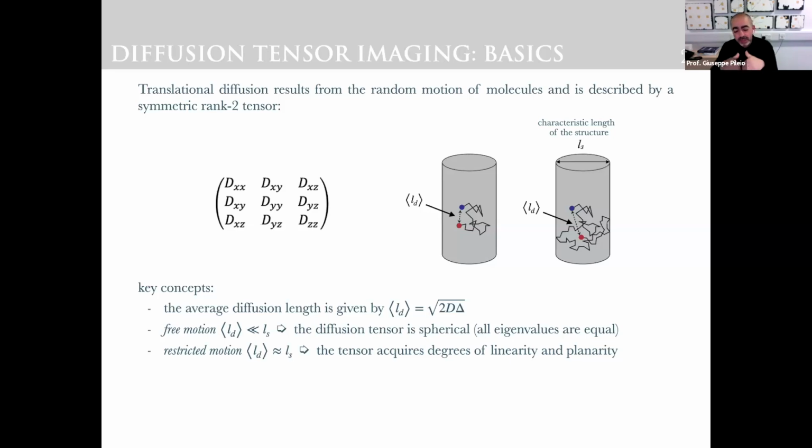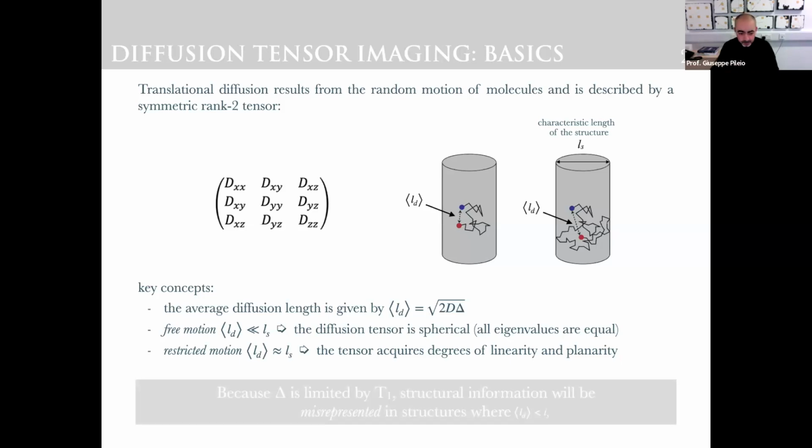However, if the motion is restricted because the geometry is such, or you increase the diffusion length, so the diffusion time, so that the molecule starts exploring the restrictions, then the tensor acquires some degree of linearity or planarity.